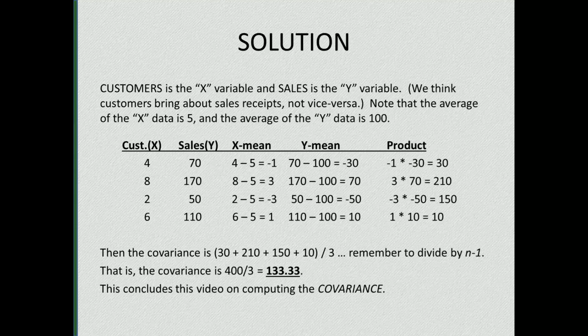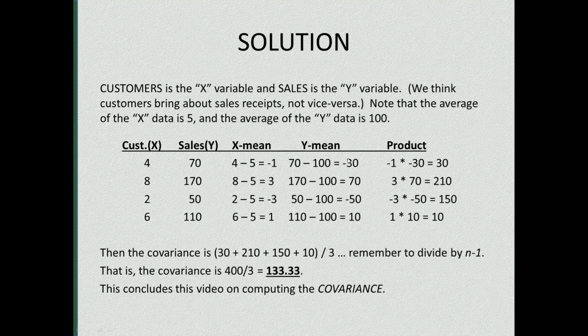Okay, so here are the computations. X variable is customers. We believe that customers drive sales. Average number of customers was 5, so we look at how far we are from 5 for each of the time periods. The average of the sales data is 100, 70 minus 100.